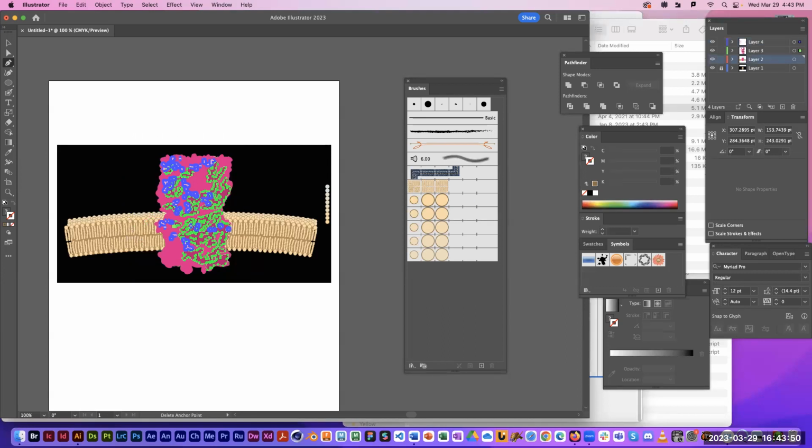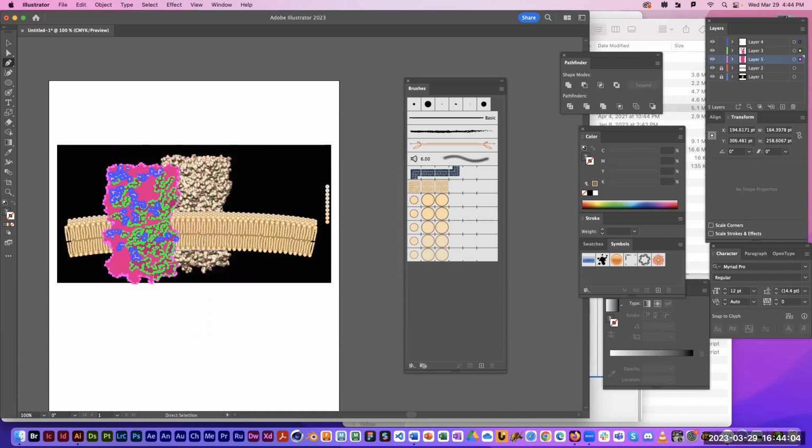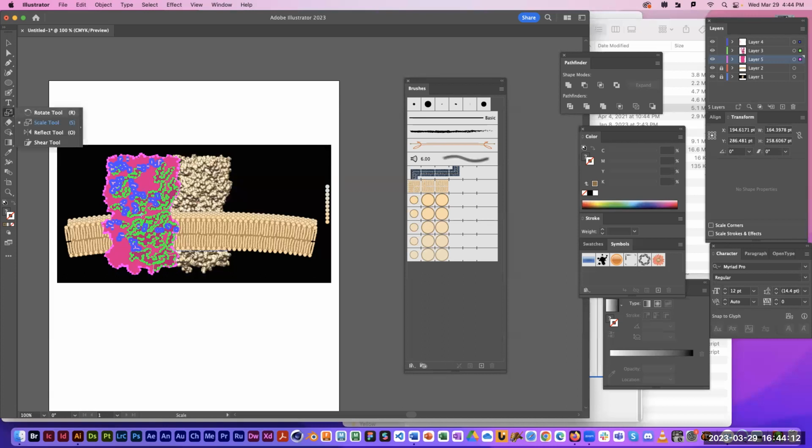Need another layer. So I might have this over here. Oh, but make sure it's right. Since I've got a little curve to my lipid bilayer, I might want to rotate that very slightly to follow the curvature.